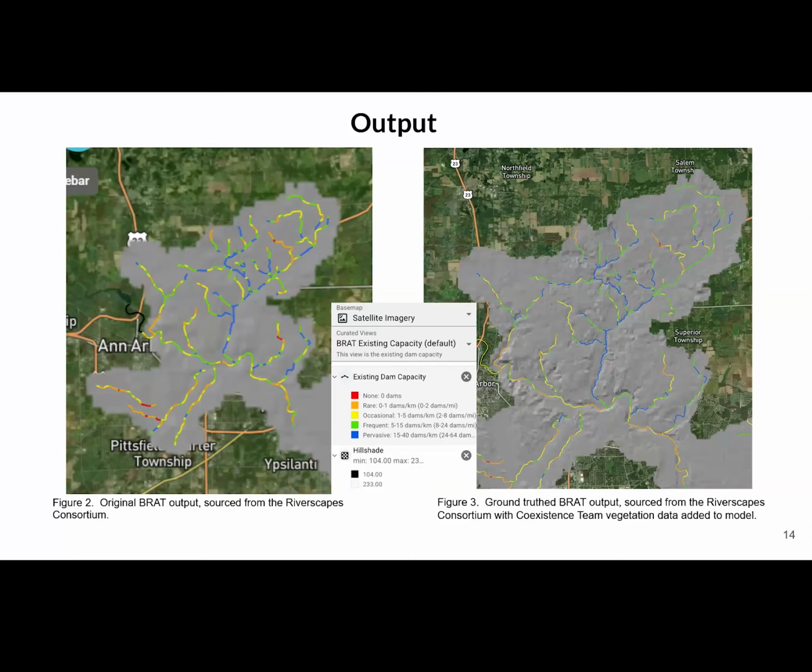The higher dam capacity is the blue areas, and then the lower dam capacity is the red areas. So we saw originally there were about 230 dams capacity for the Huron River. And then after our ground truthing, there were 230 dams capacity. So it did decrease a little bit. While the overall big picture didn't change too drastically, where the capacity was located, it shifted in important ways.